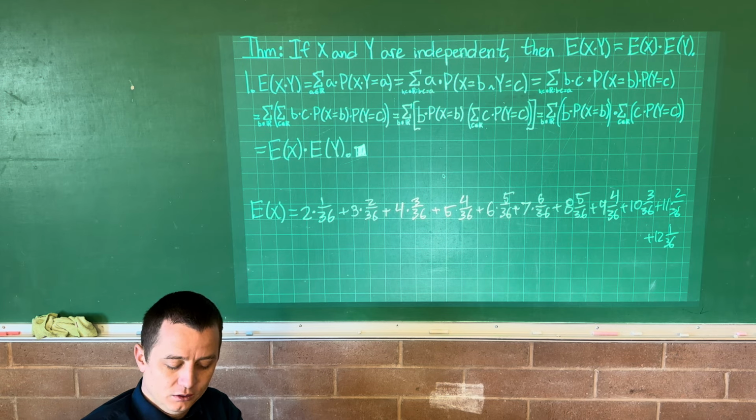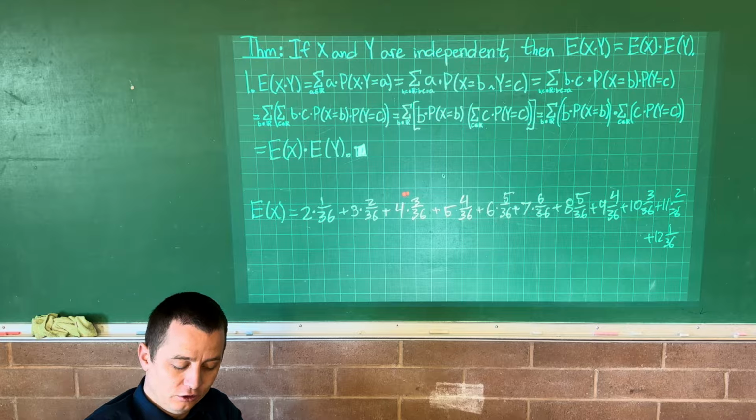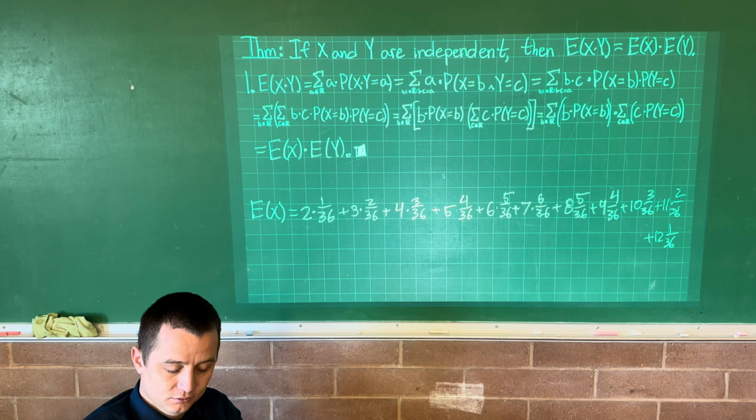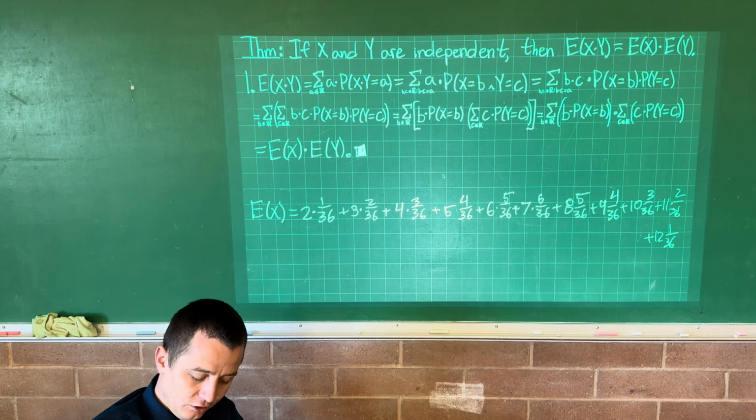Plus 42, 182. Plus 30, 212. Plus 20, 232. Plus 12, 244. Plus 6, 250. Plus 2, 252.